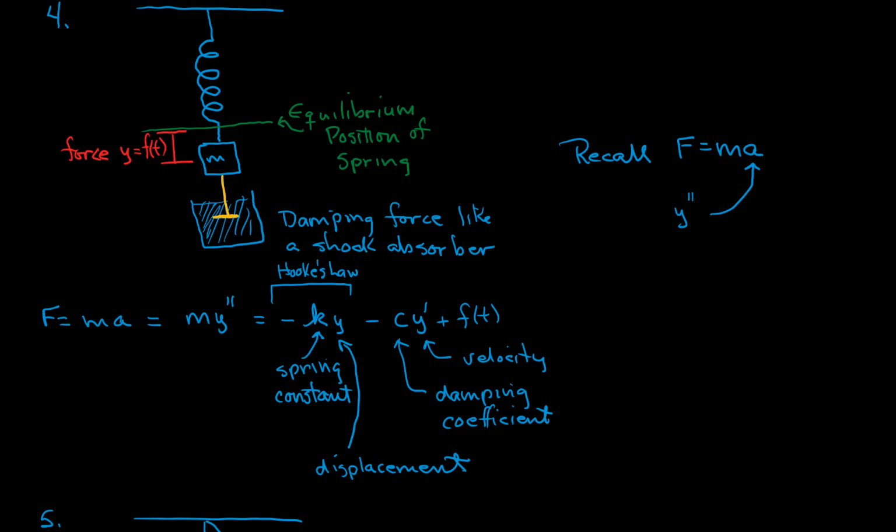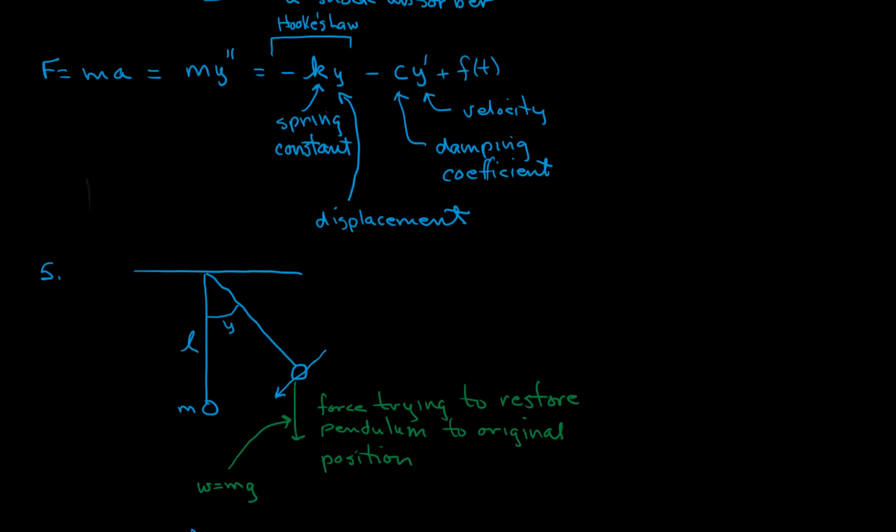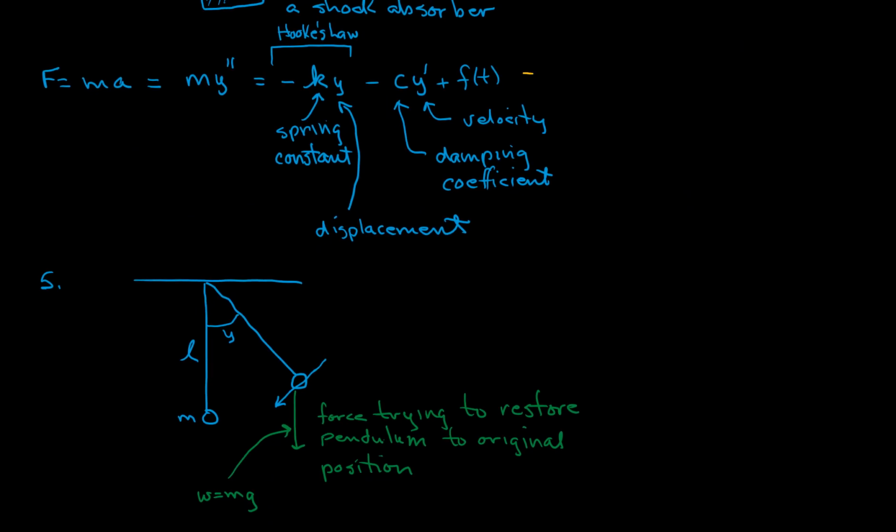And what I'm ultimately going to do is rewrite this so that we wind up with m y double prime plus, well, let me put the c y prime first, so I have my derivatives in order, plus k y equals f of t.